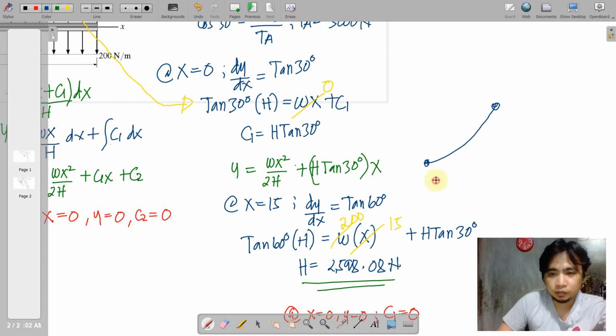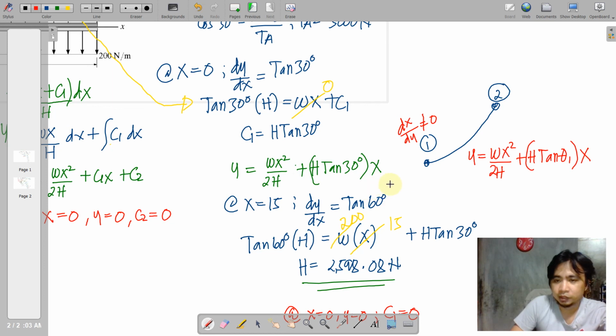If we have a lower point, say 1 and a higher point 2, where the slope at point 1 is not 0, so you might have this formula which summarizes to this: y is equal to wx squared all over 2h plus h tangent of the slope at 1 times x.